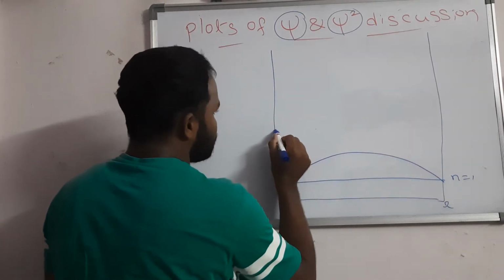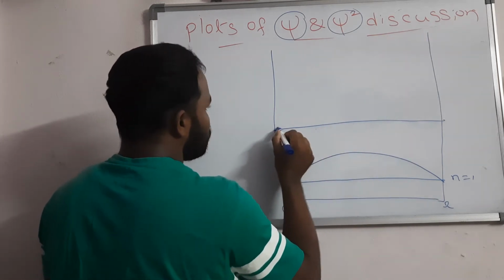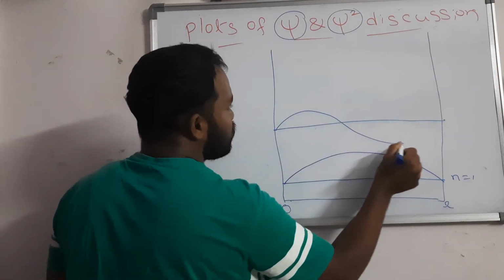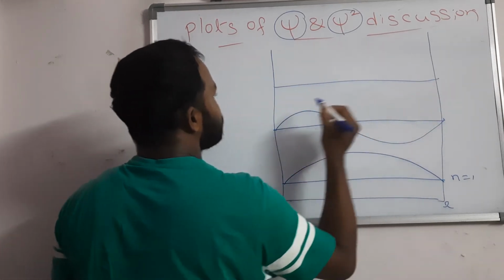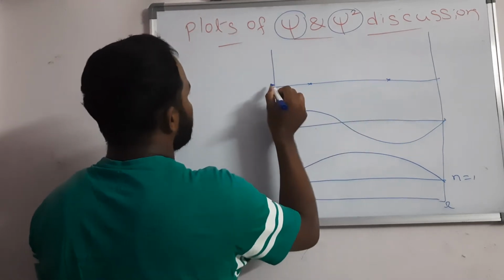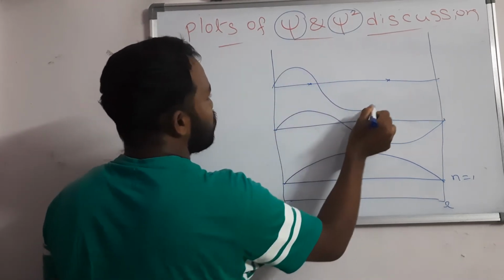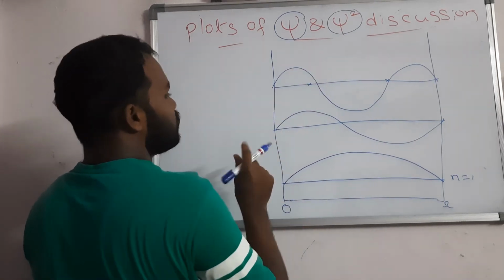Right? Next, n is equal to 2. What exactly does n is equal to 2 mean? You will get like this. N is equal to 3 means what? How will you get it? If you observe clearly, I will tell you.